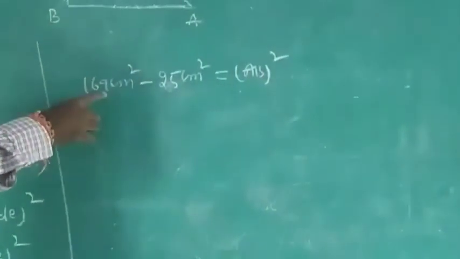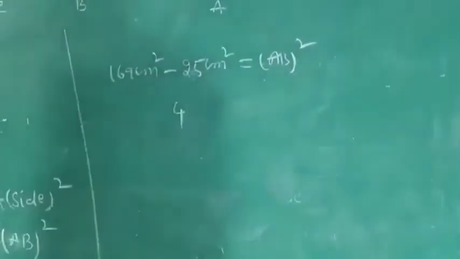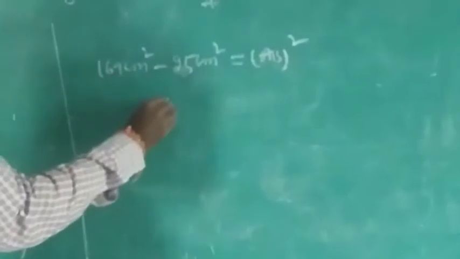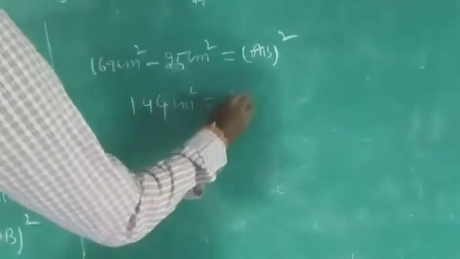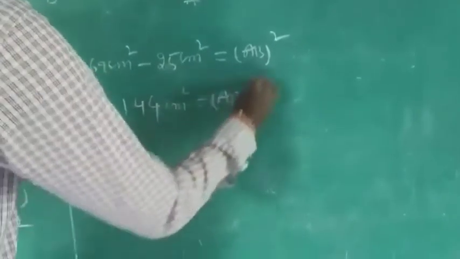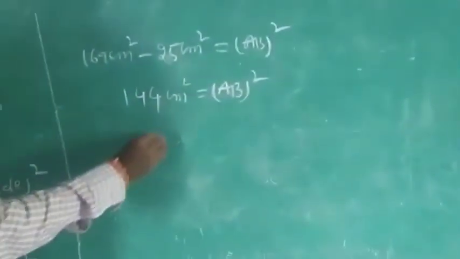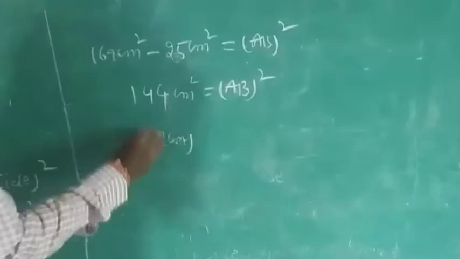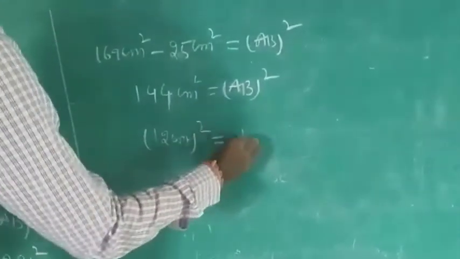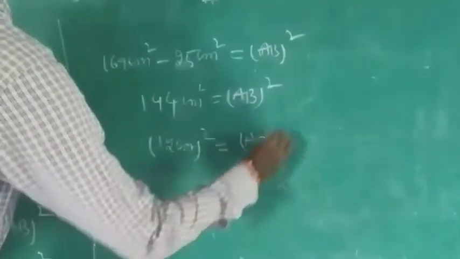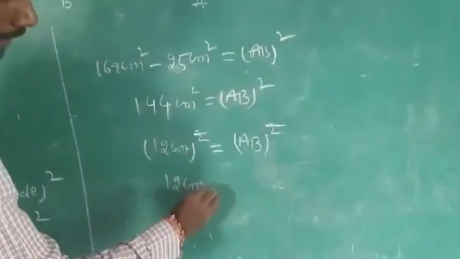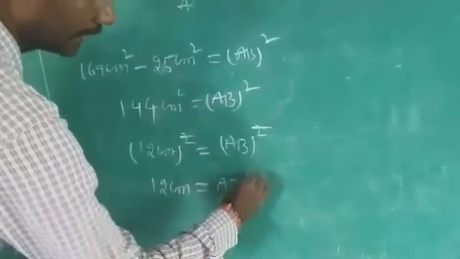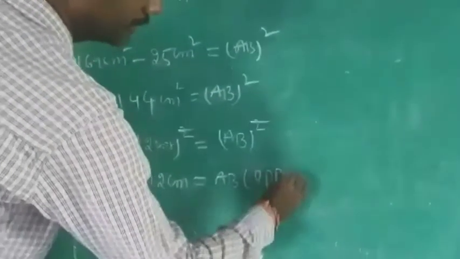So subtracting, 9 minus 5 is 4, 6 minus 2 is 4, 1 is 1: 144 centimeter square is equal to AB square. It is a perfect square. You can write it as 12 centimeter whole square is equal to AB square. Square gets cancelled, so 12 centimeter is equal to AB, nothing but the opposite only.